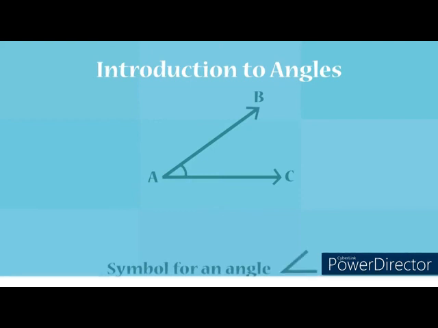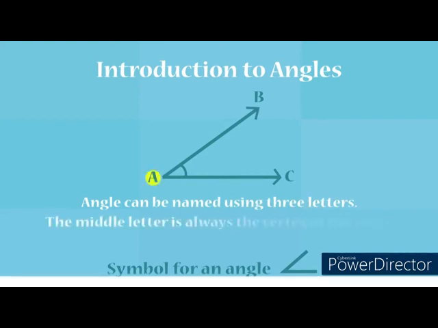This is how we symbolize an angle. Draw a shape like an angle. Now let us see how we represent it. An angle can be named using all three letters, A, B and C. But A will always be in the middle of the angle representation, because it is the vertex of the angle. That is why we always write it at the center.